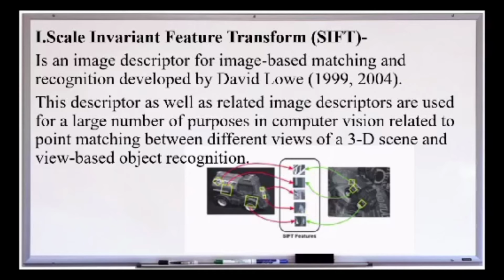This descriptor, as well as related image descriptors, are used for a large number of purposes in computer vision related to point matching between different views of a 3D scene and view-based object recognition. So basically, it will take photos from different angles to recognize what the object is.